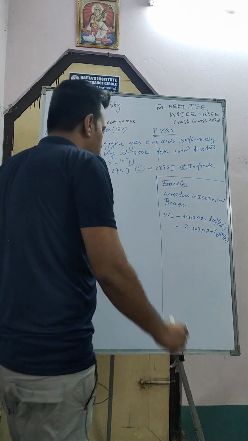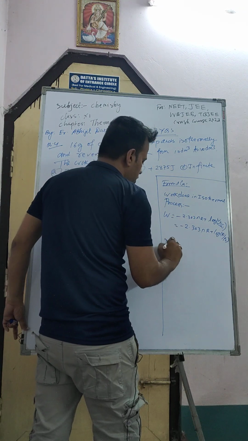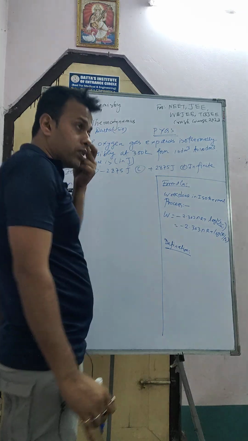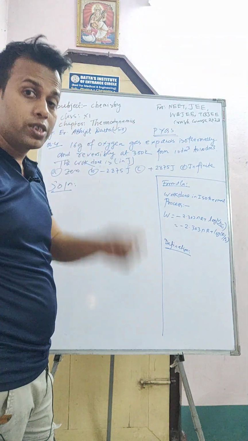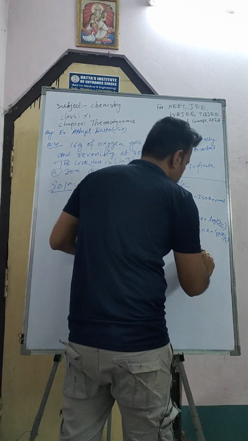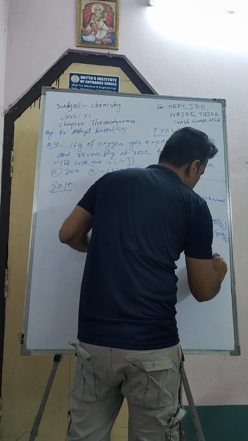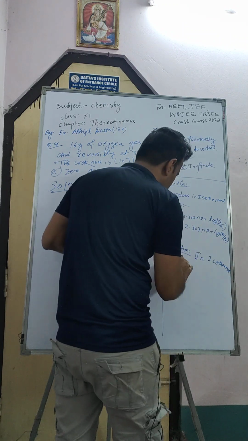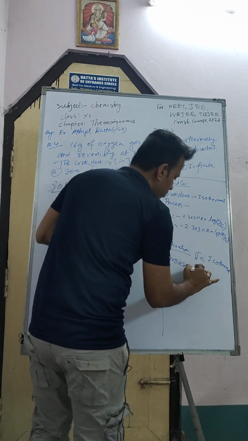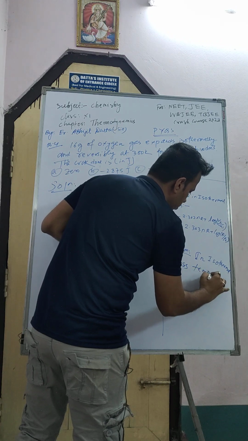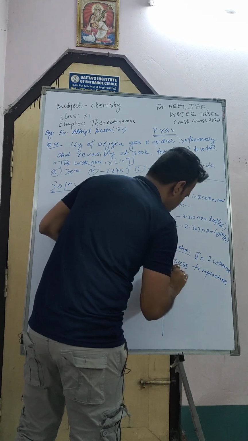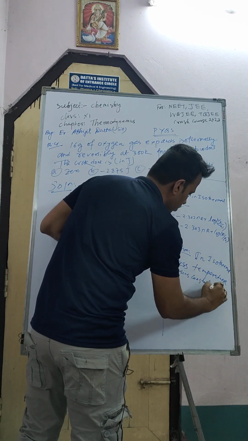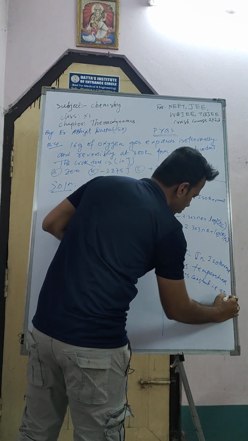So what is the definition of isothermal process? In isothermal process, the temperature remains constant and pressure and volume change.